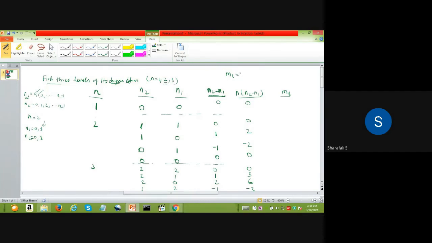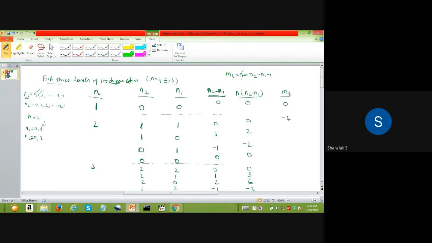This is n minus n2 minus n1 minus 1. So if we calculate those values for ml, then the first one is 0 because n is 1. So 1 minus 0 minus 0 minus 1. So that is 0. The second one is minus 1.